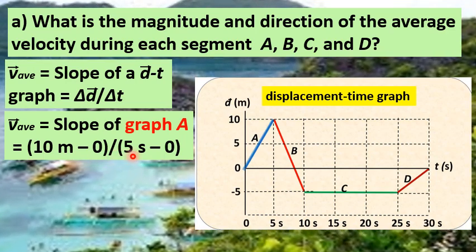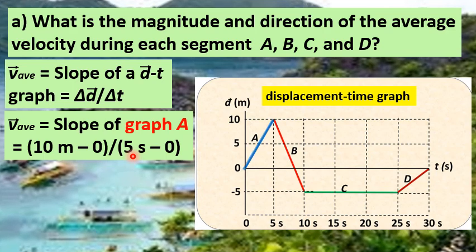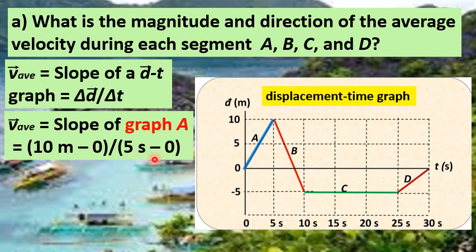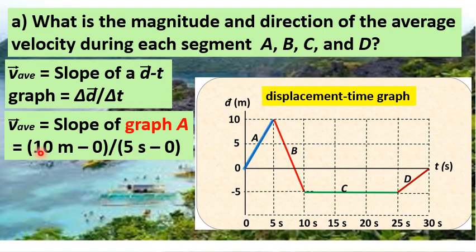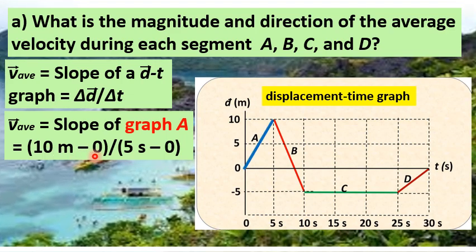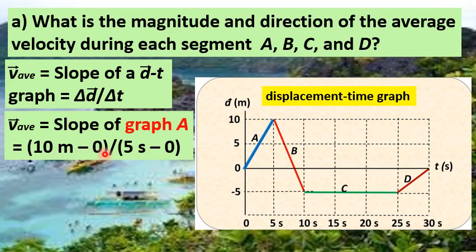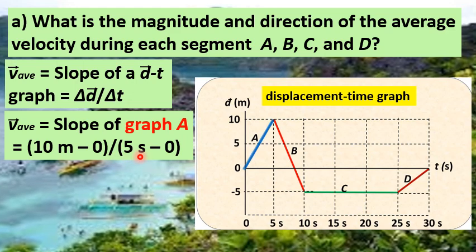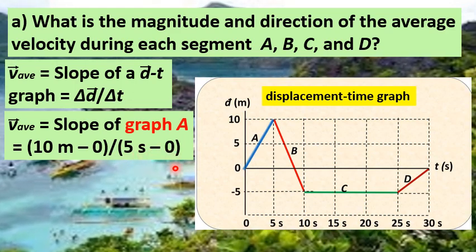Using the formula for determining the slope of a displacement time graph, which is simply delta d, or the change in displacement over delta t, the change in time. Substituting, we get 10 meters minus 0 divided by 5 seconds minus 0.